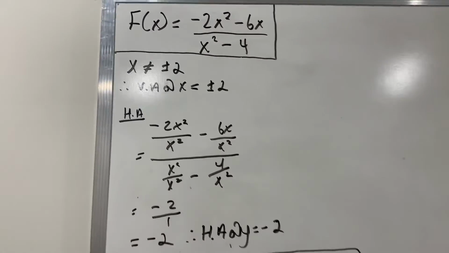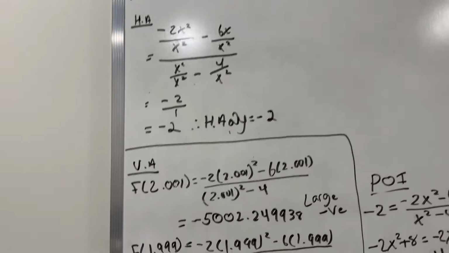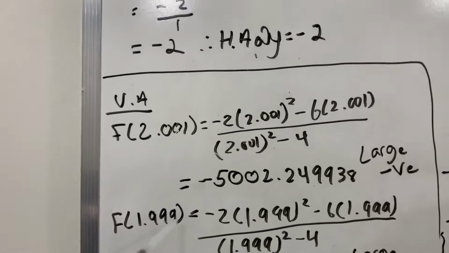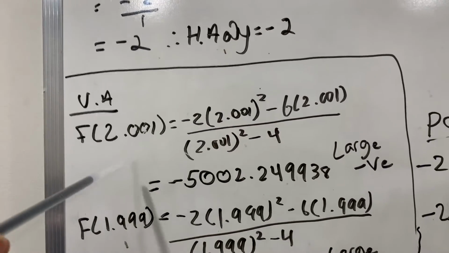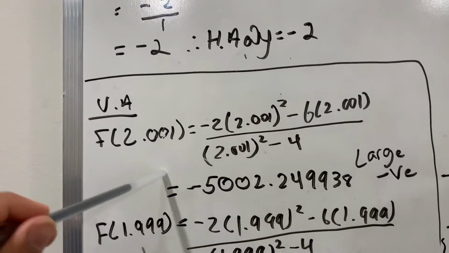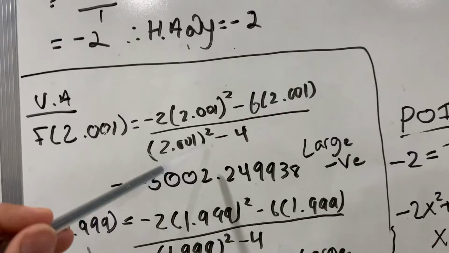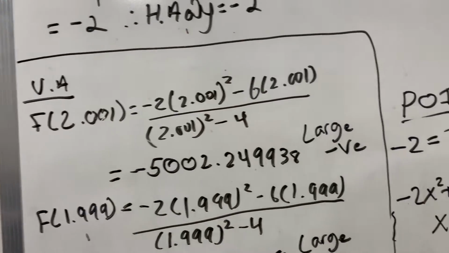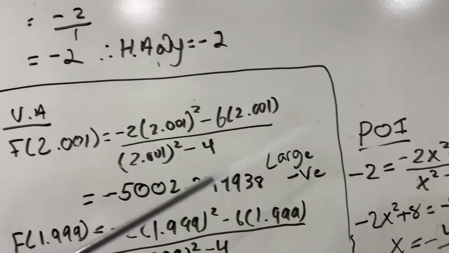Now that we figured out where the asymptotes are, we need to find out what the end behaviors look like. For the vertical asymptote, we basically add 0.001 to the 2 and sub this value into the function. And so we get negative 5,002.24999, which is a large negative value.